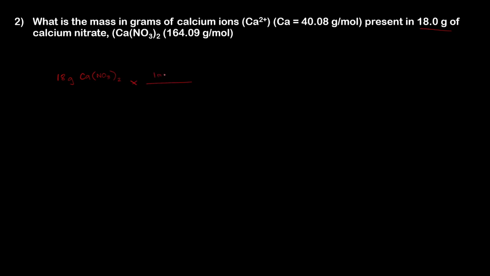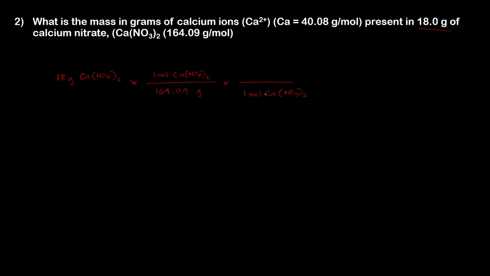So 1 mole of calcium nitrate is 164.09 grams. Okay. Now we want to see how much calcium there is in 1 mole of calcium nitrate. You can actually see it in its chemical formula, right?